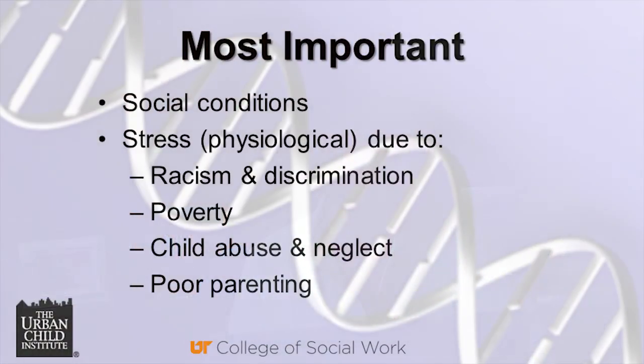Most important for us as social workers, though, is the revelation that social conditions influence gene expression. Stress, that we'll talk about in the third lesson or the third class of this series, is directly related to gene expression because stress is a physiological process.